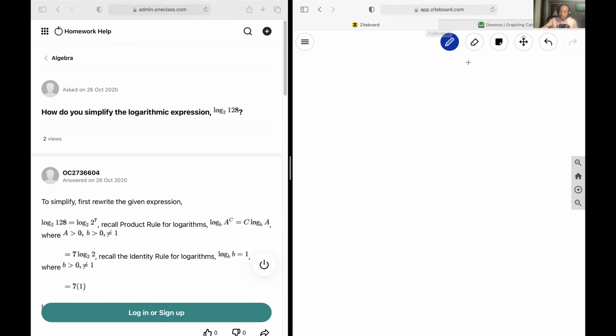Okay, next up, we'd like to simplify the logarithmic expression log to the base 2 of 128. So again, we're going to be using the rule I wrote down earlier, which is log to the base of a of a to the power of b is equal to b.